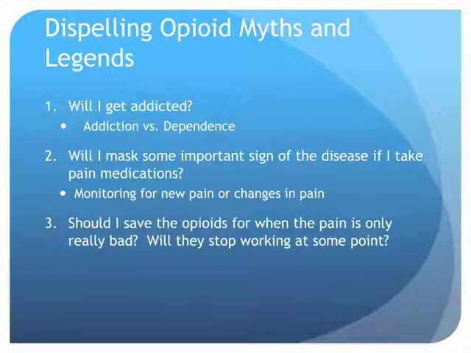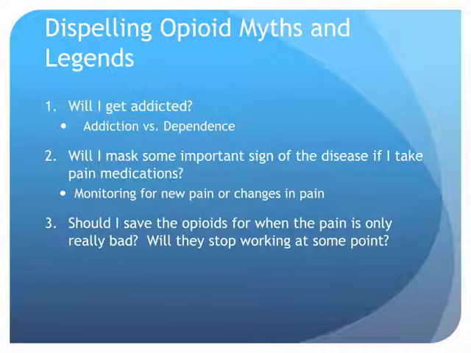What I will say is that when you're taking medication for pain, you want to monitor if there's new pain or changes in that pain and bring that to the attention of your oncologist so that there's not something that doesn't get addressed. But that could mean that the pain seems to be getting better and you're not needing the pain medications as much. Sometimes that's an indication that the cancer is getting better. But those changes are usually things that you can identify while taking pain medications.